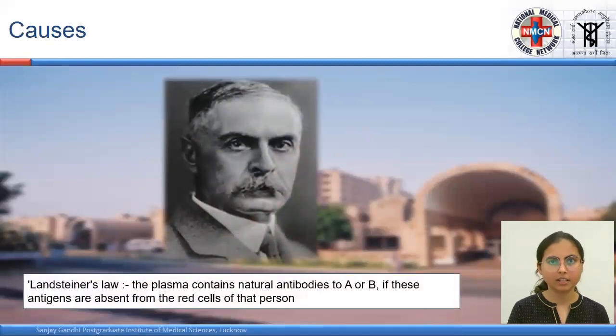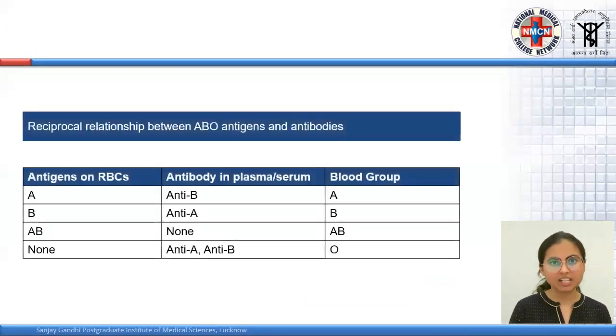Landsteiner, while discovering the ABO blood group system, gave a law which is known as Landsteiner's law. It says that the plasma contains natural antibodies to A or B if these antigens are absent from the red cell of that person. Now, what does that mean? This means that there is a reciprocal relationship between the ABO antigens and the antibodies.